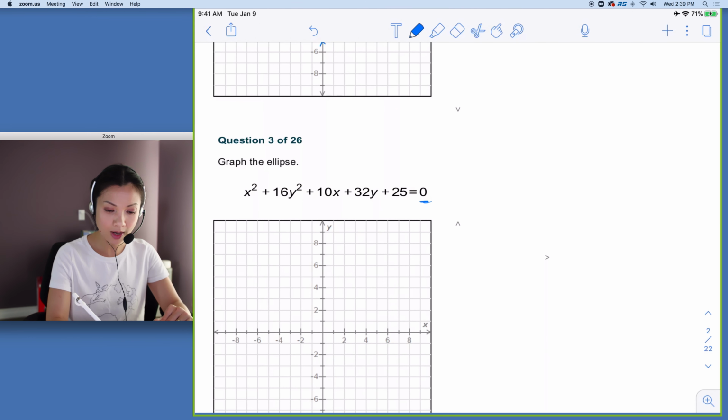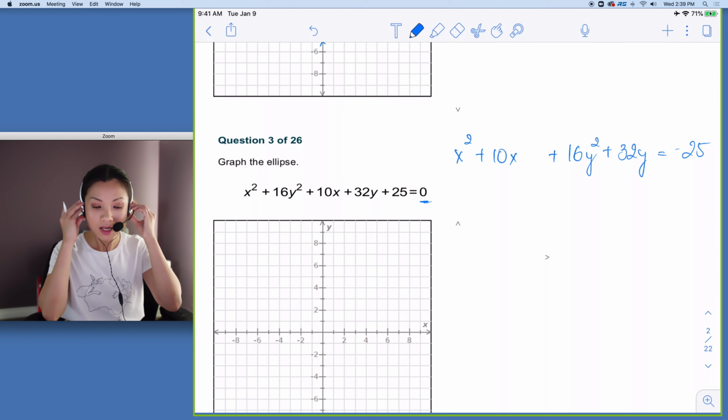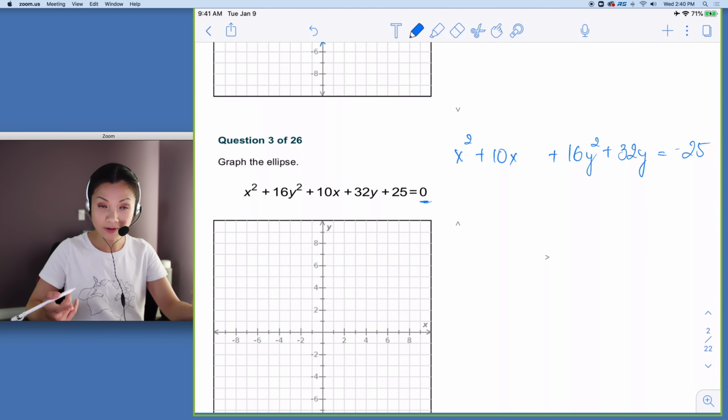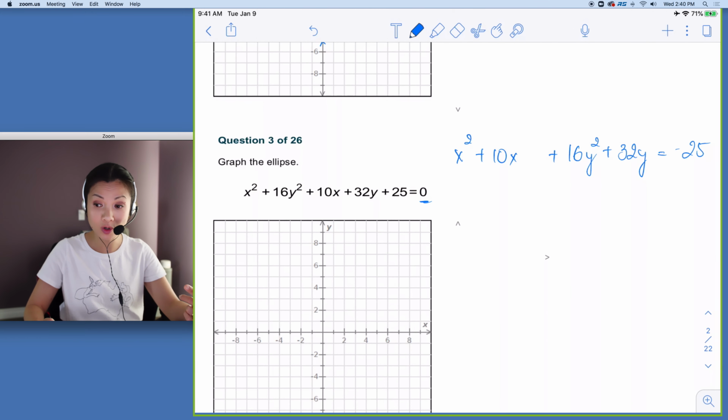So first, I'm going to put x together, and I put y together, equals -25. Now notice that for x we do have 1 for the coefficient, but we don't have it for y.